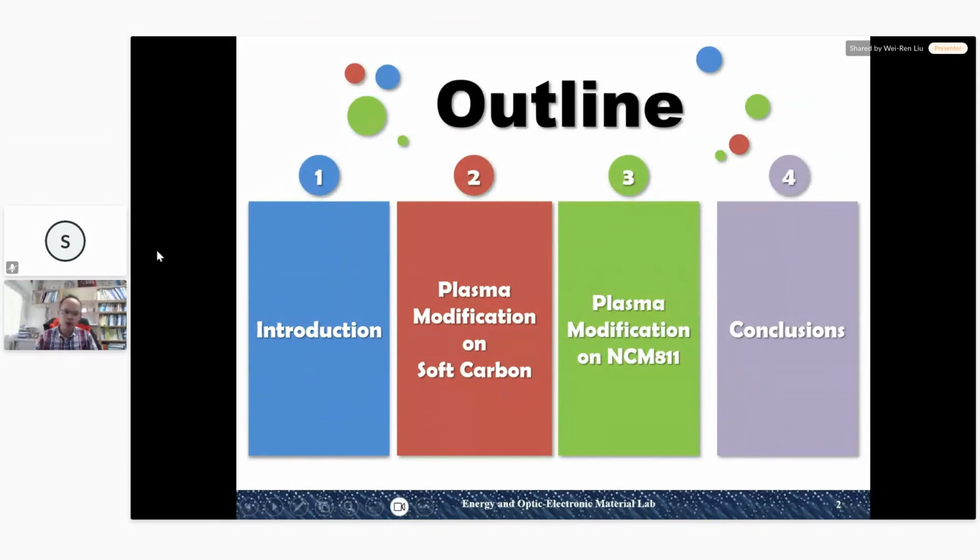The first one uses plasma modification on a soft carbon anode for the lithium battery. In the second, I also try to transfer from anode to cathode, using another approach to modify the NCM811 cathode for battery application. Finally, I will give a conclusion.